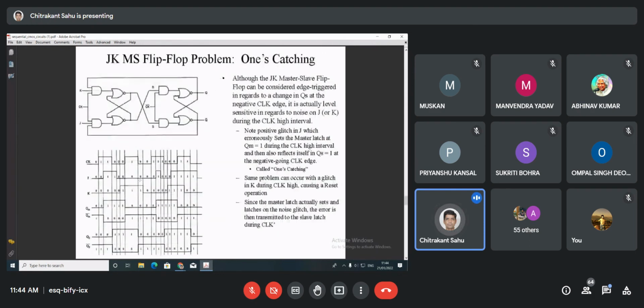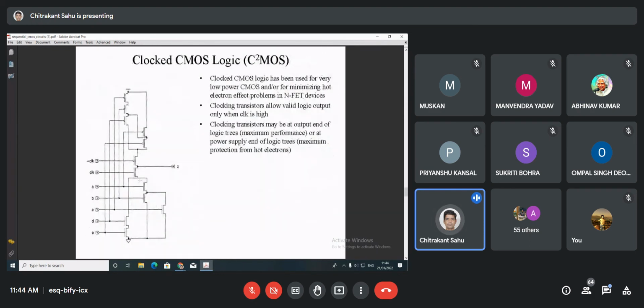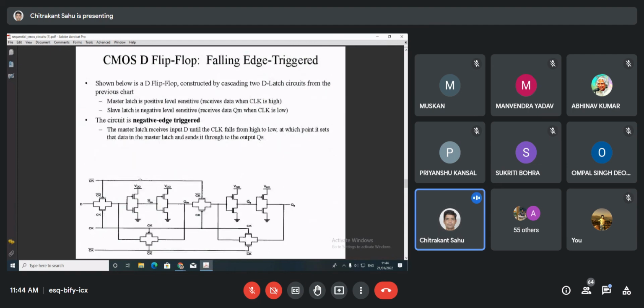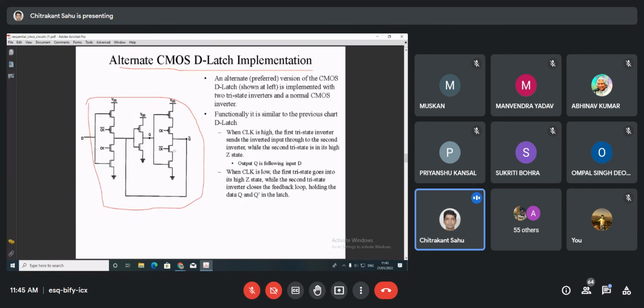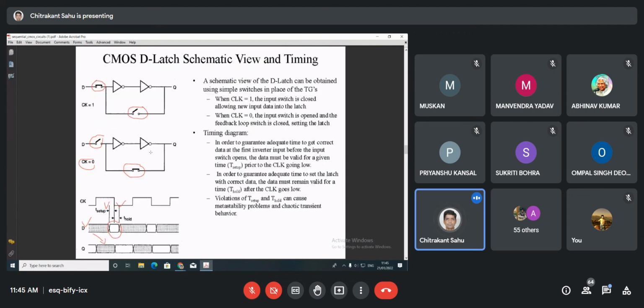Whatever I have covered about the SR latch up to the D flip flop, you can use this CMOS circuit for implementation purposes. So no need to go into the details. Only SR latch, JK latch, and D latch we have gone through in this slide. You can use it for reading purposes.